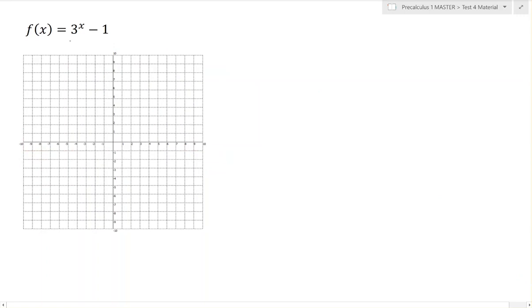Now let's try graphing this. And we can view this as a transformation. We had the t-table for this before, x and f of x. We went -2, -1, 0, 1, 2. When we put in 0 for the x, 3 to the 0 is 1, but we have to subtract 1 from that output, so we get a 0.